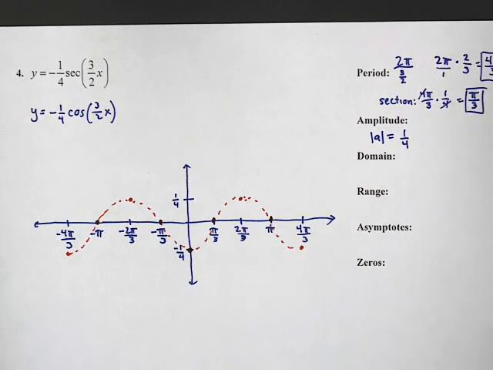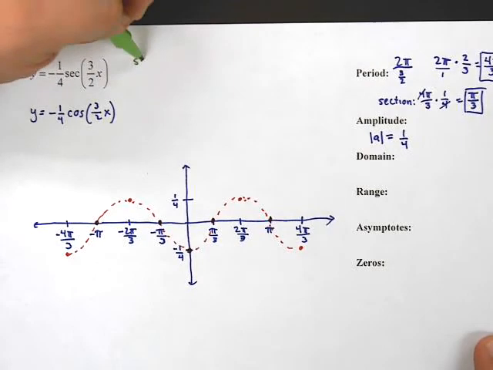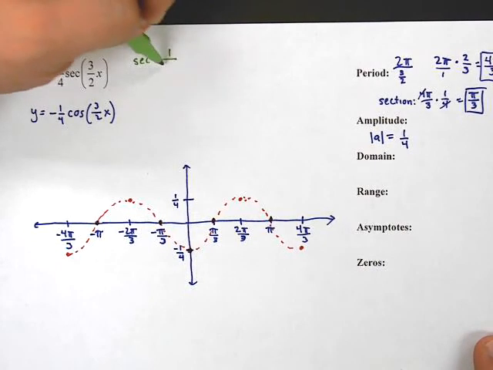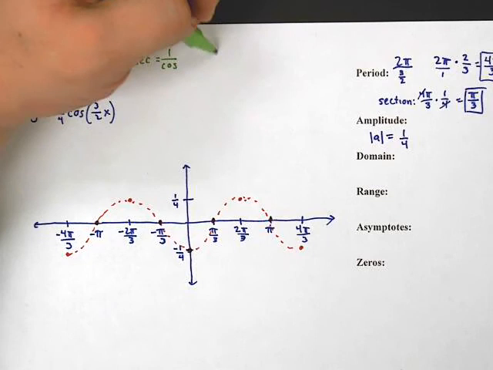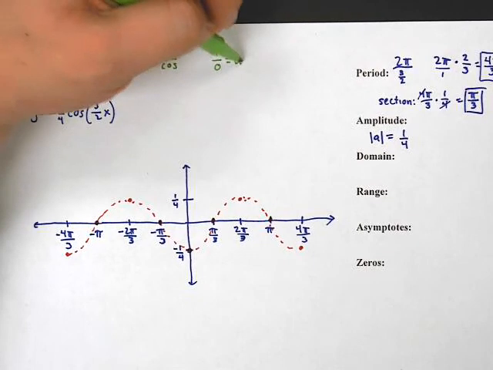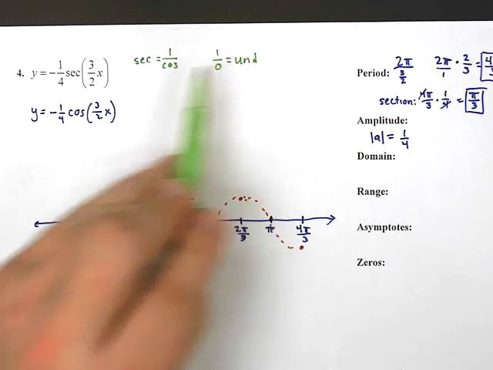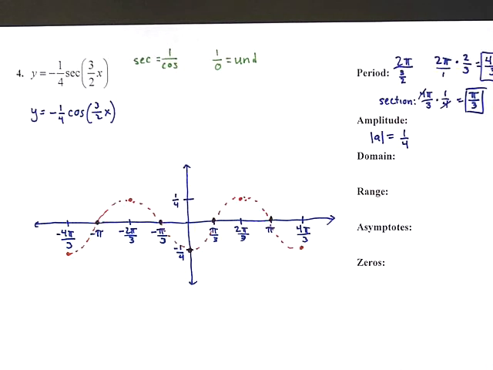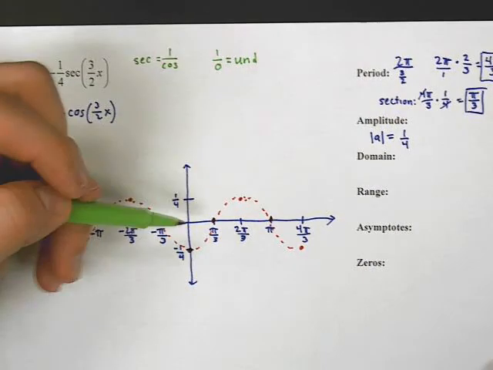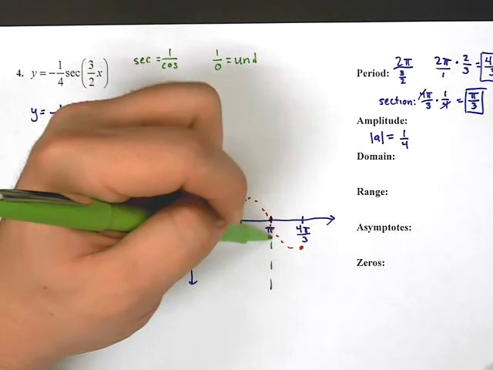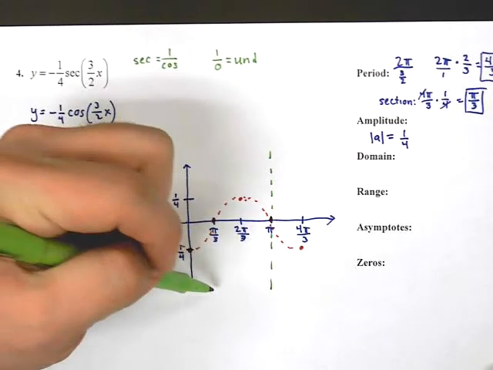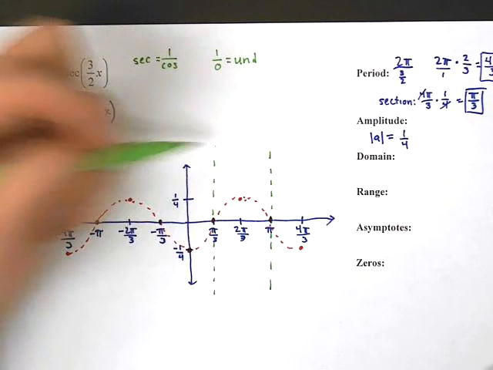So we also need to remember that secant is 1 over cosine, which we already knew, but what's important to understand is that we can't have zeros. Can't have zeros. So whenever the cosine is equal to 0, or whenever y is equal to 0, there needs to be, you guessed it, vertical asymptotes.